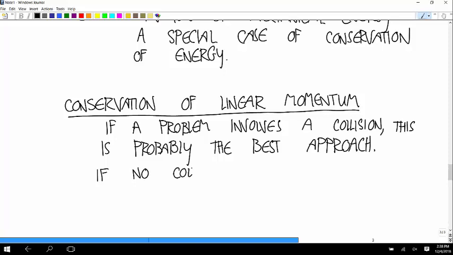If there's no collision, it's probably the wrong approach. So it's pretty easy to tell when this is useful and when it isn't.